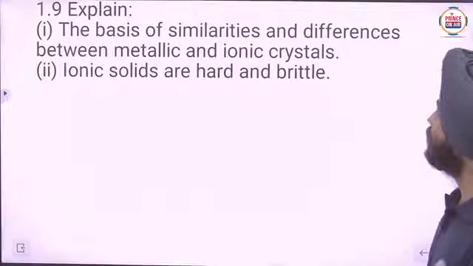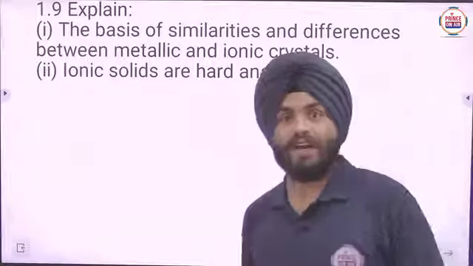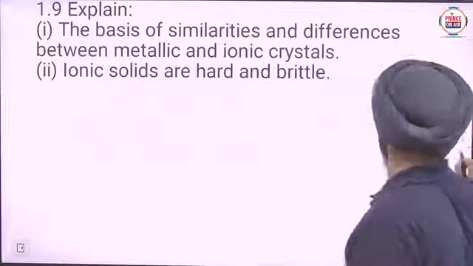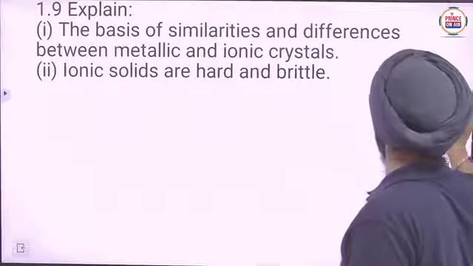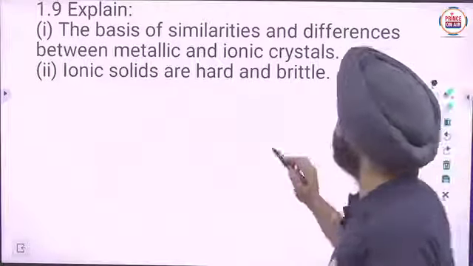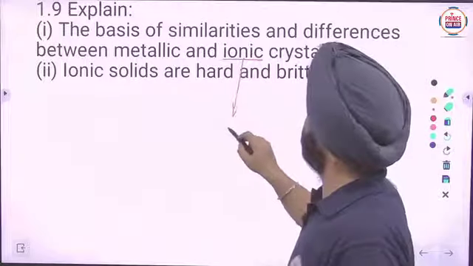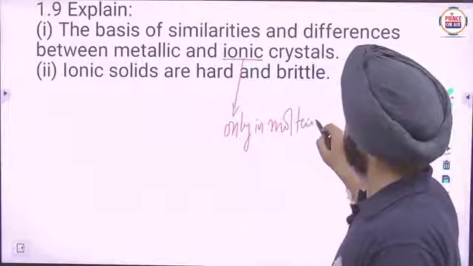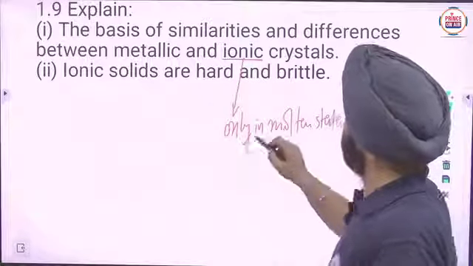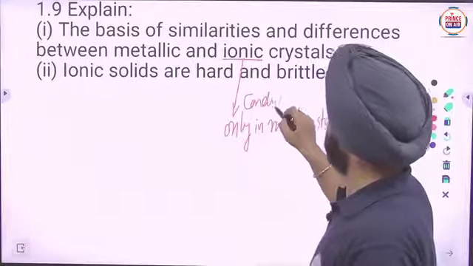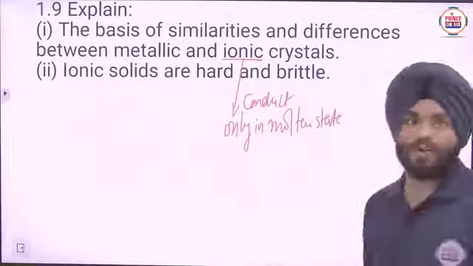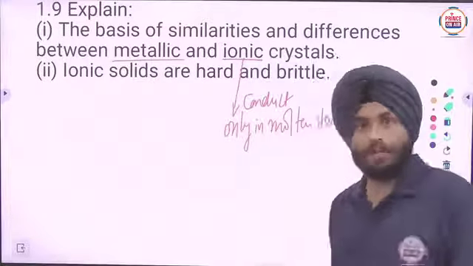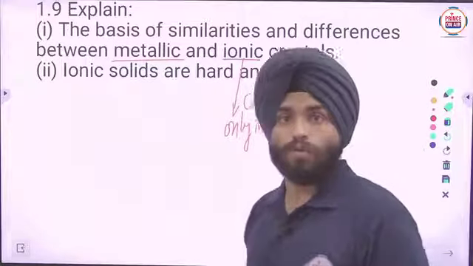Now the differences between ionic solids and metallic solids. Ionic solids conduct electricity only in molten state, but metallic conductors can conduct electricity in the solid state also.